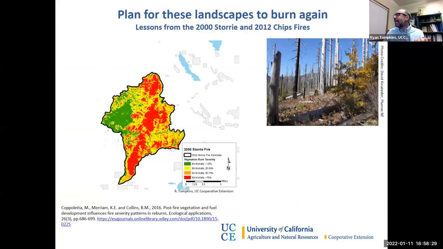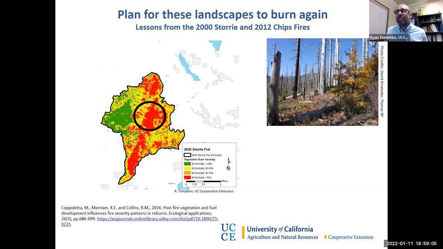And so I'm actually going to highlight some of the research that my wife does. This is a paper that they did in 2016, where we're really seeing high severity fire beget more high severity fire. This is an example from the 2000 Story fire. You can see this large patch of high severity fire, on the scale of hundreds and thousands of acres, which is way outside the natural range of variability for the dry mixed conifer forests we manage in the Sierra Nevadas.